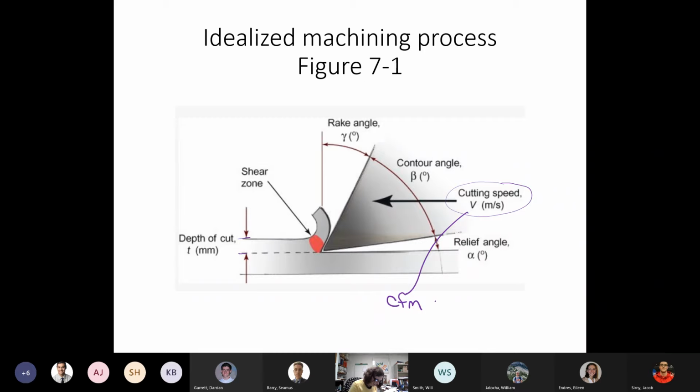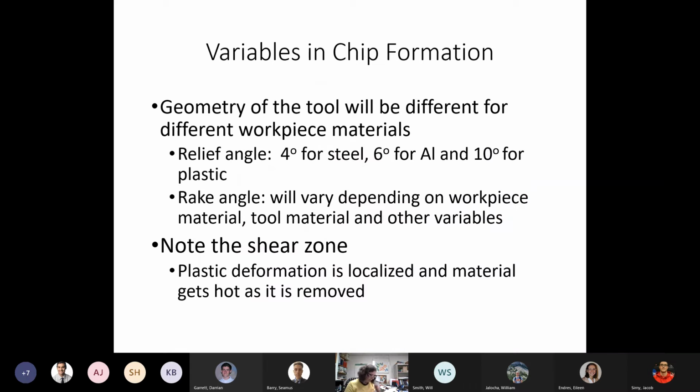I think I'm going to erase that. But we do have the cutting speed, which is related to the tool versus what we call the workpiece. The piece that's being machined is the workpiece, and then we have these three angles: the rake angle, the contour angle, and the relief angle. So again, just be aware of that.